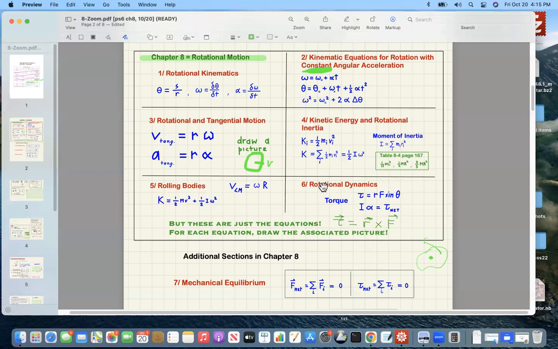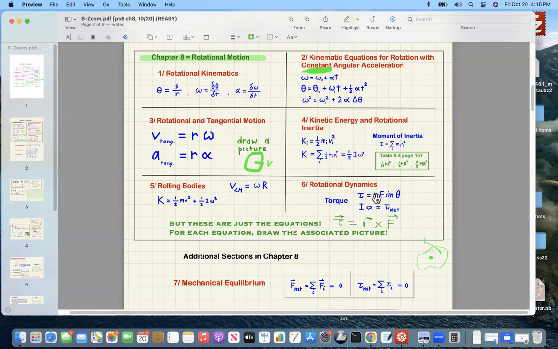There's also a generalization of force, which for rotational dynamics is torque. So torque is sort of like length times force, only it's not quite that simple. It's distance times force times the sine of the angle between the vector from the origin to the point where the force is acting, and the force vector.